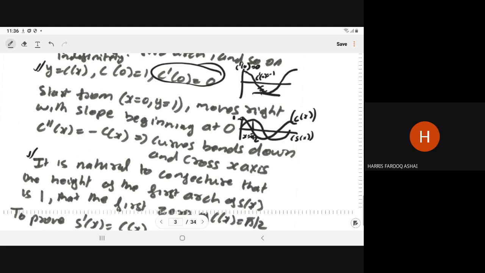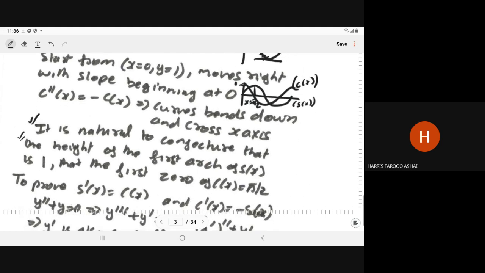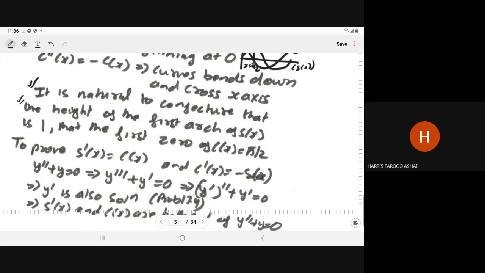C is equal to 0, means at pi by 2 we have the zeros of the C. So the first conclusion we have: S pi by 2 is equal to 1, and C pi by 2 is equal to 0. So from the graph, the first conclusion we can have is this.